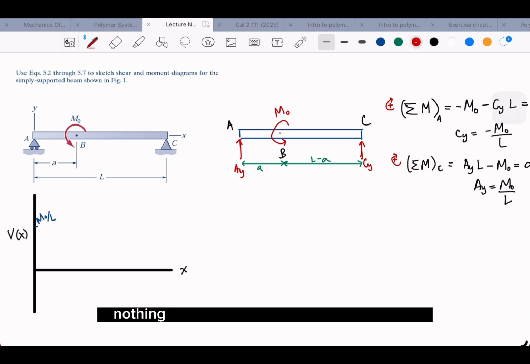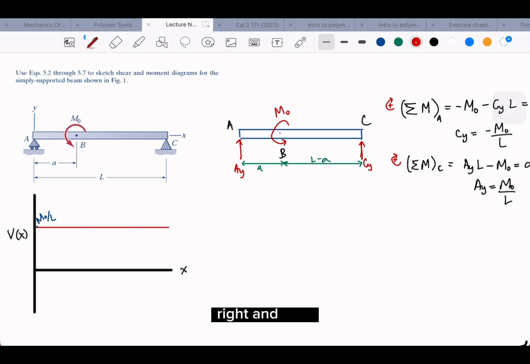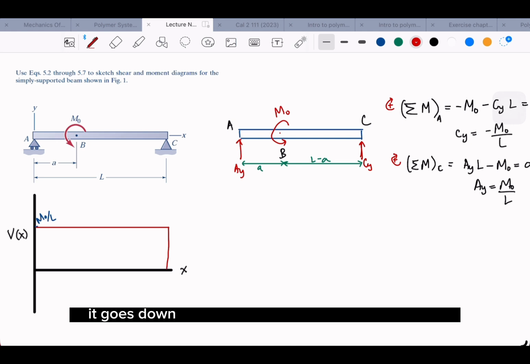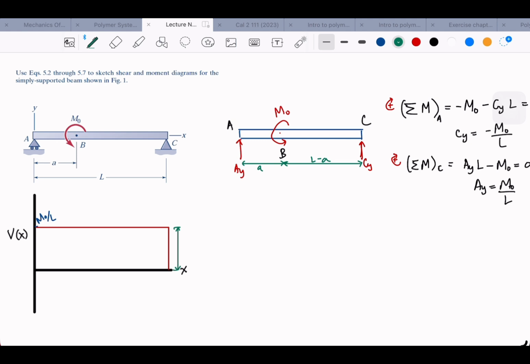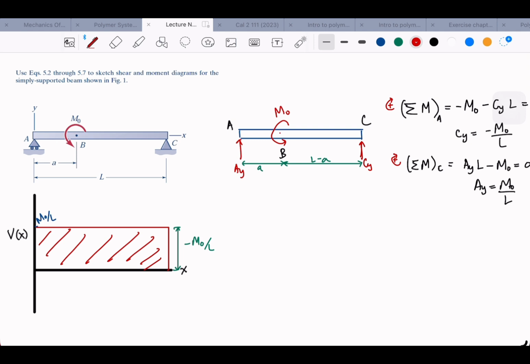And then nothing happens within the shear force, right? So we just make it constant all the way through to C, right? And then it goes down by negative M0 over L, right? And then it's back to 0. So we have this shear diagram.